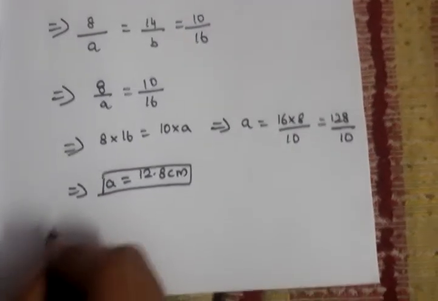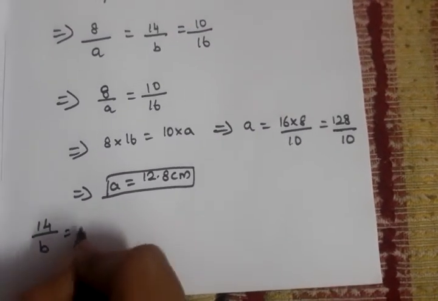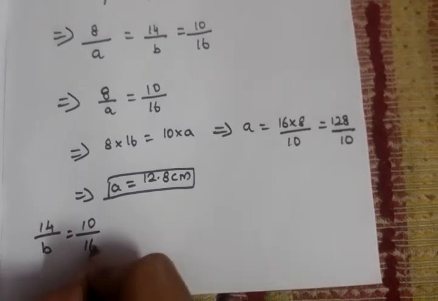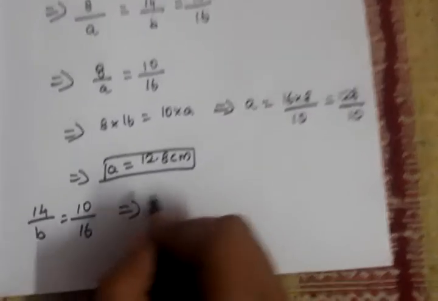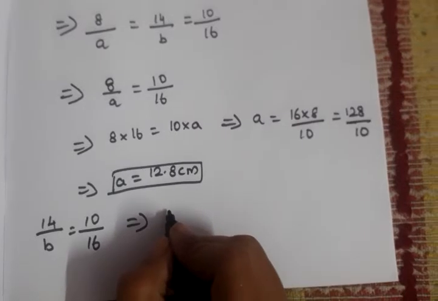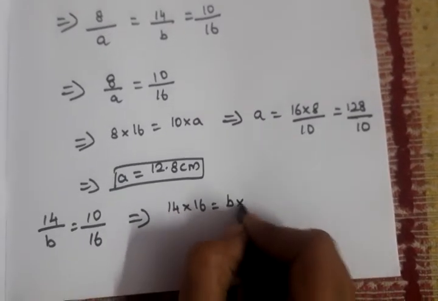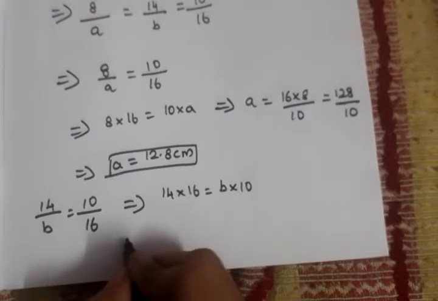Then next, 14 by B equals 10 by 16. That implies 14 into 16 equals B into 10.